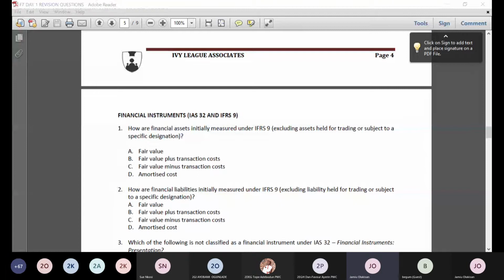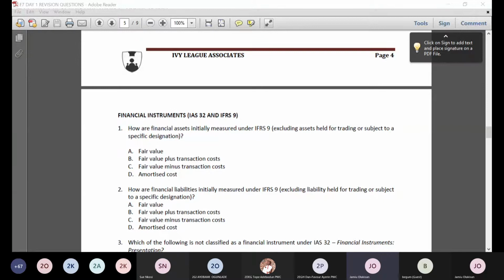Then the other part of the definition says contractual right to receive cash or another financial asset from another entity. So when you have trade receivable, you have the right to receive cash. Trade receivable is a financial asset. Loan receivable is a financial asset.